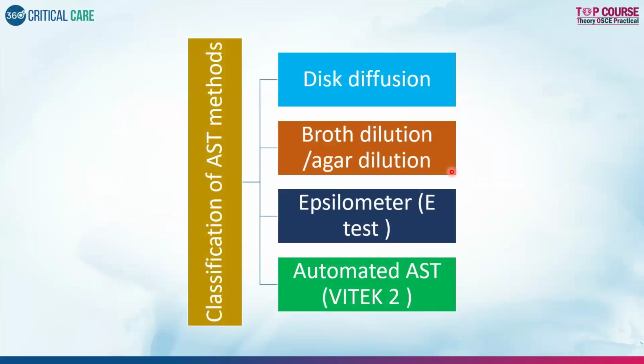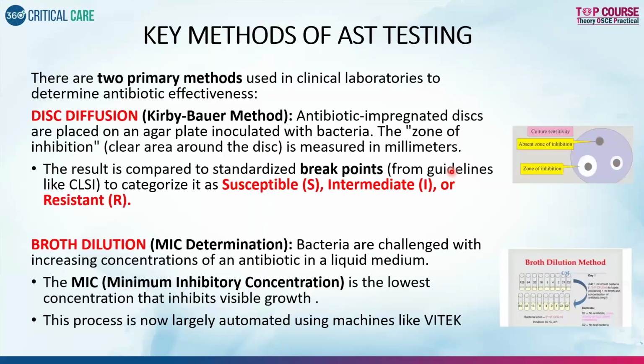The other one is your epsilometer test, and you have the automated AST or your Vitek and Phoenix machines, etc. All of this will help us understand which antibiotic, and all your numbers which you get with MICs, is based on one of these techniques. Majorly, disk diffusion will not give you that number, but it can be interpreted by various other tools. There is linear regression analysis which they do based on the zone of inhibition, and they'll give it to you if at all you require it.